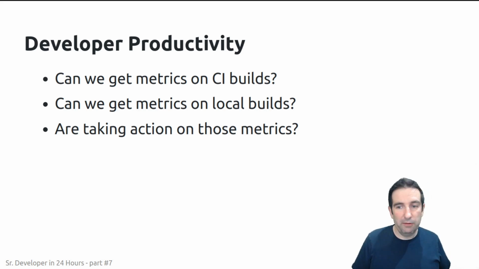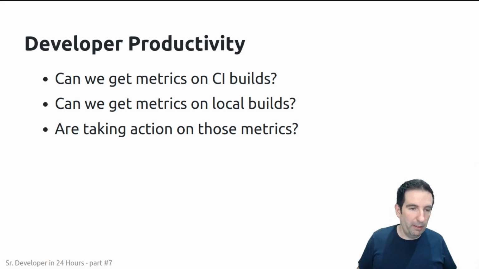Did we change the artifact registry, the artifact repository that we're using, and suddenly this one is slower or less reliable, things like that? Did we upgrade some part of the toolchain and now we're having a different behavior, which is detrimental to the productivity of our developers?